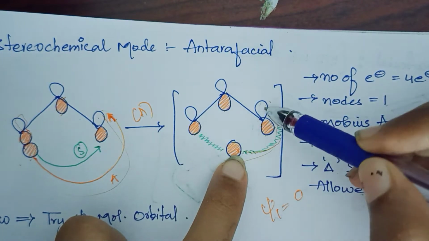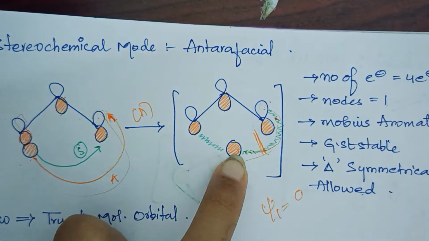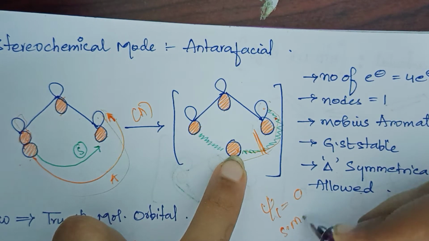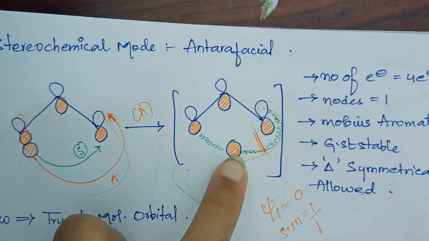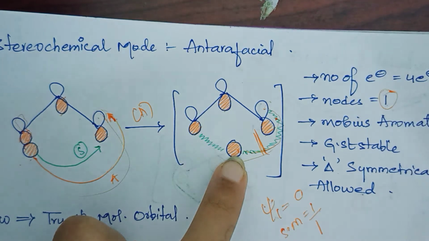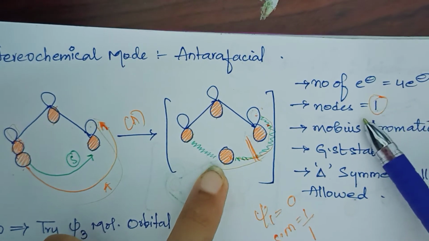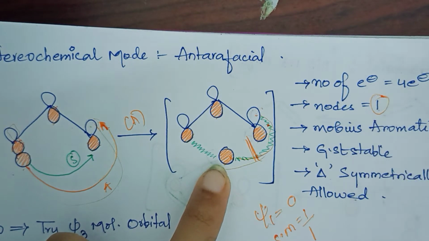Here shaded is overlapping with unshaded, so one node is formed. So during the antarafacial mode, the total number of nodes is 1. And a 4n electron system with one node is Mobius aromatic. As it is Mobius aromatic, it will be stable in the ground state and it is thermally allowed. That is also thermally symmetrically allowed.